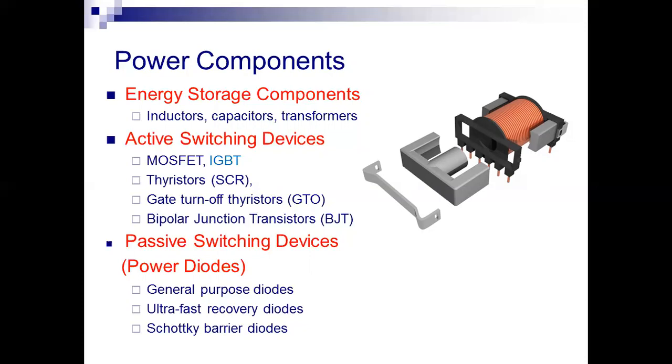Here, active switching devices such as MOSFETs and IGBTs, insulated gate bipolar transistors, are power switching devices. This switch works based upon the switching signals we are applying towards the gate. Therefore, the switch can be activated or turned on.